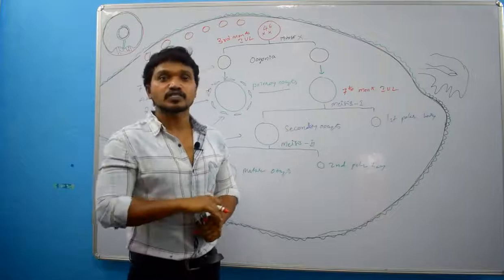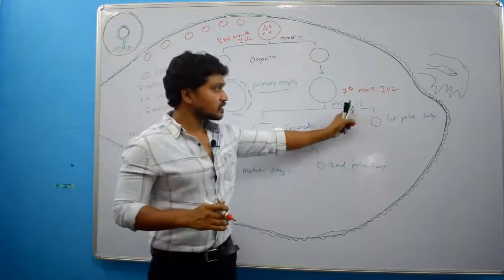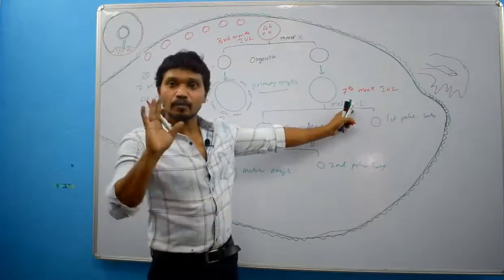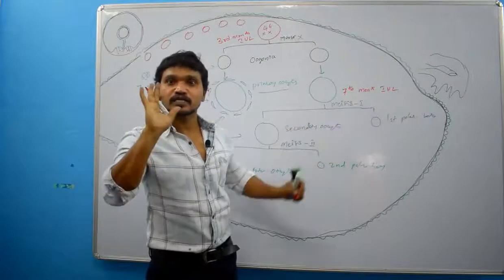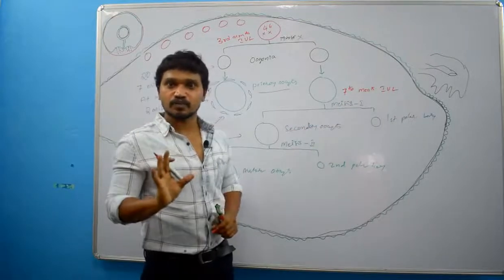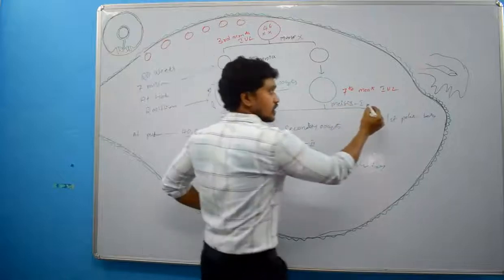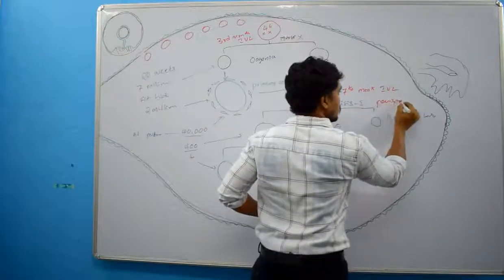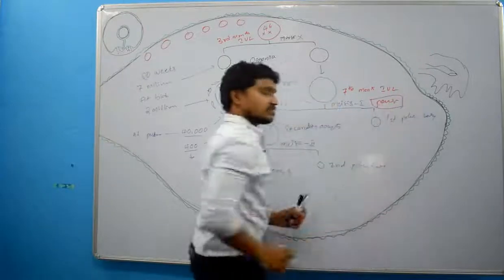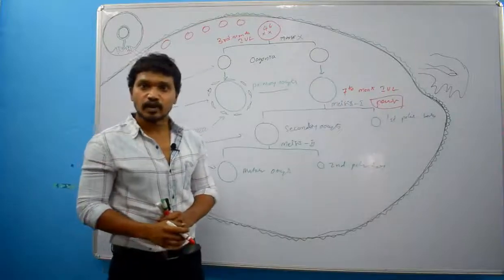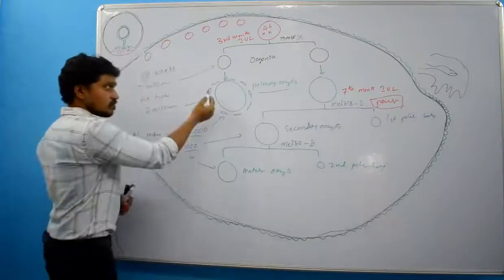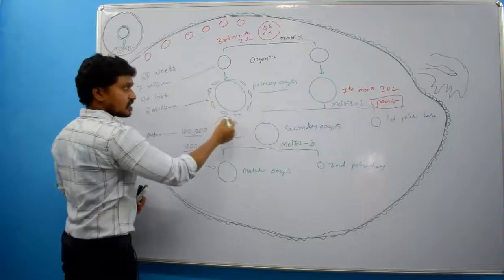Within the diplotene stage, meiosis will pause. Pause means temporary stop. Right? So there will be a pause or arrest under the influence of these cells. What are these cells?